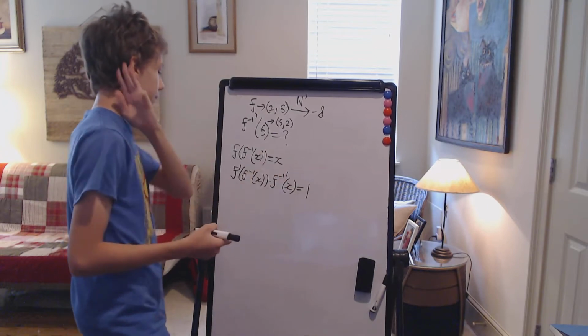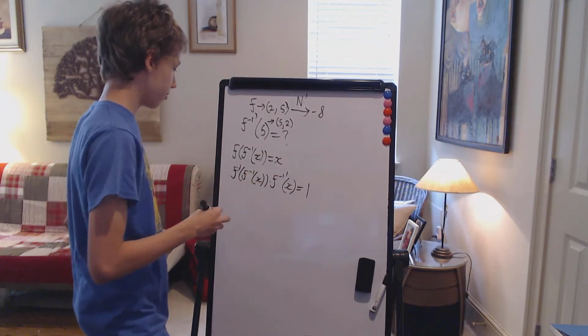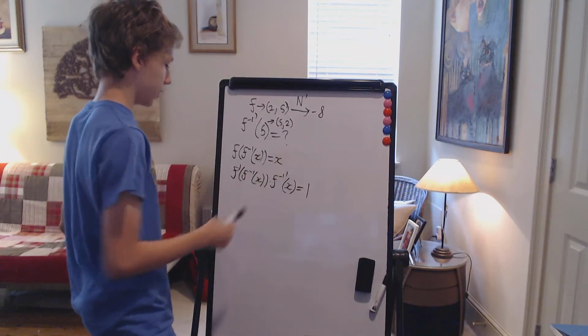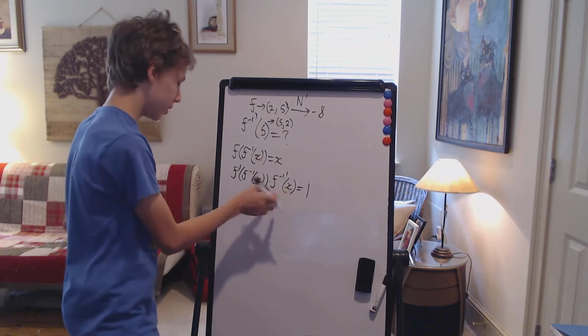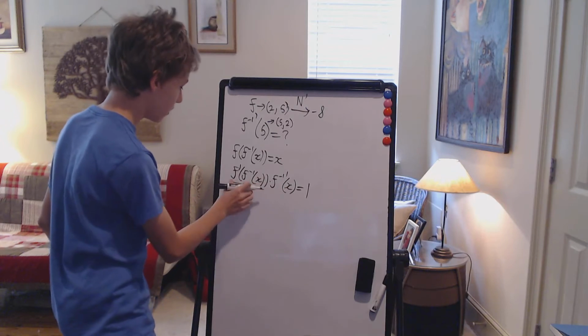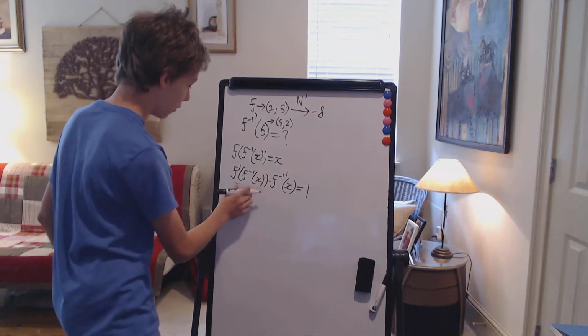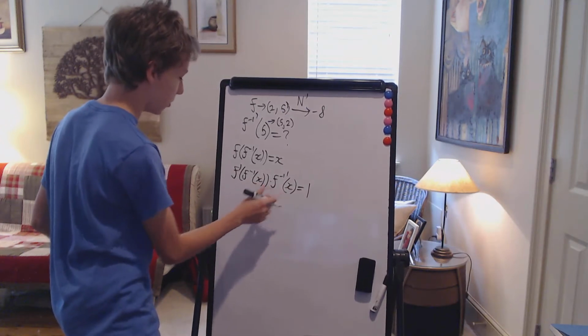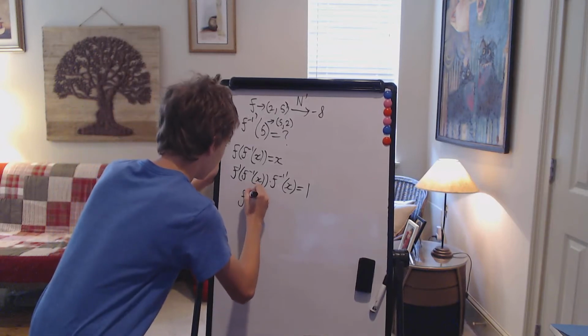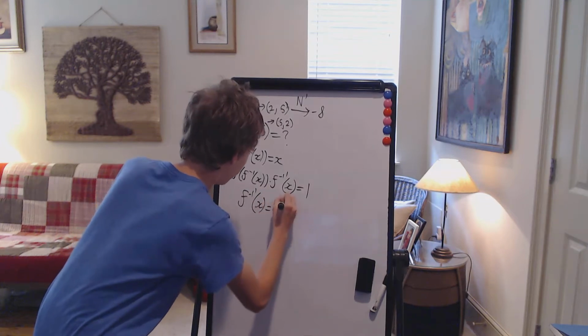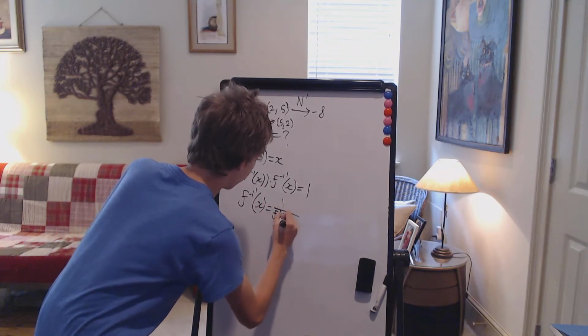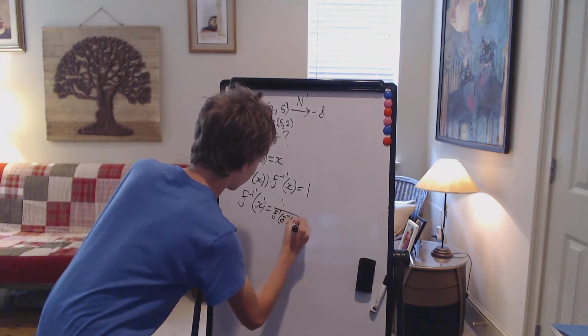The derivative of x is 1. Well, this is exactly what we want here. So let's divide both sides by this fairly ugly term, which actually turns out to be very nice in this problem. We get that f inverse prime of x is equal to 1 over f prime of f inverse of x.